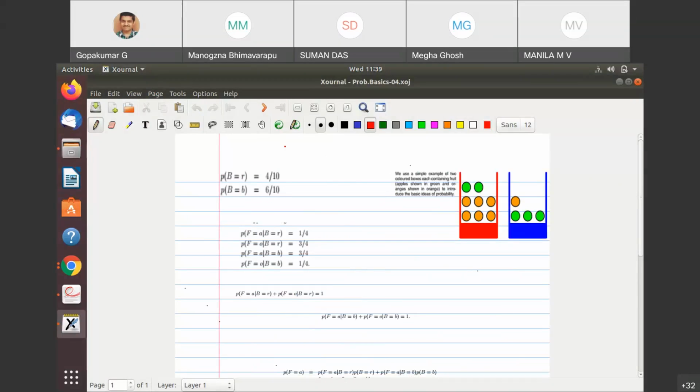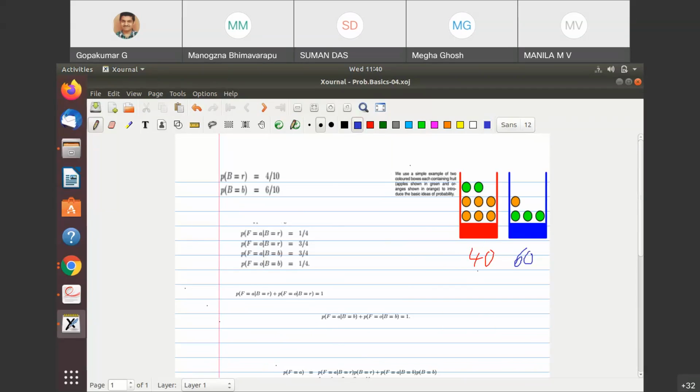Just to keep in mind, there is a 40 percent chance that the red box is selected, and a 60 percent chance that the blue box is selected.